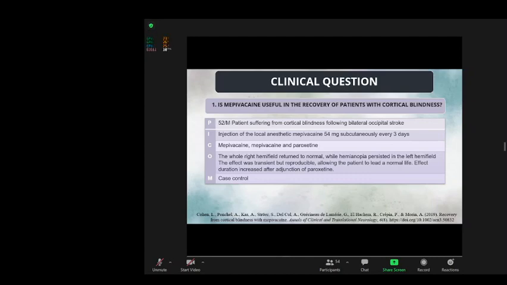Male who presented with bilateral. And why was Mepivacaine given to him? Doc, parang trinay lang nila kasi noon, Doc, the story behind this kasi, Doc, is that yung patient nung binigyan siya ng Mepivacaine, nagkaroon po ng rapid resolution of the visual loss po.